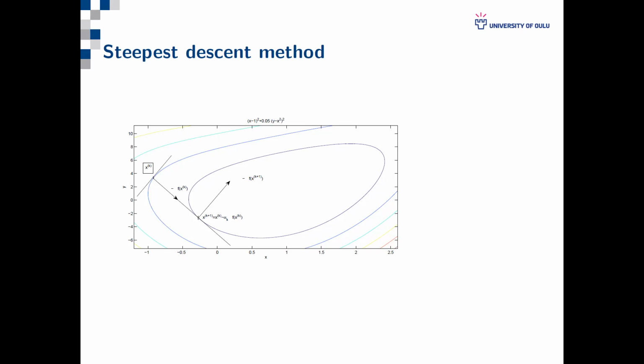It is a function of two variables, a fourth order polynomial in the x variable and second order in the y variable, so altogether it is a fourth order cost function.